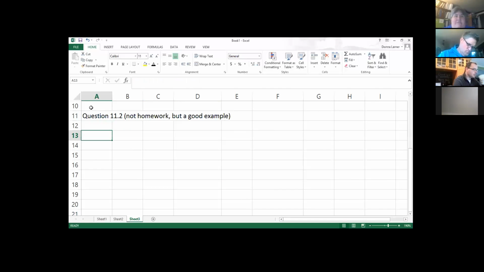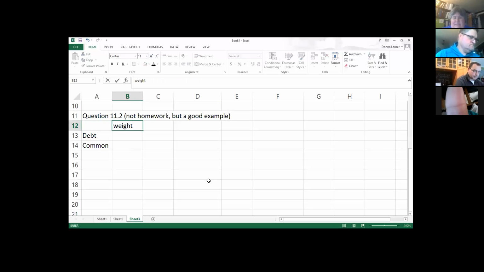Okay, so this delivery company has debt financing and common stock. It doesn't look like they have a third, so their weights kind of use that same format.